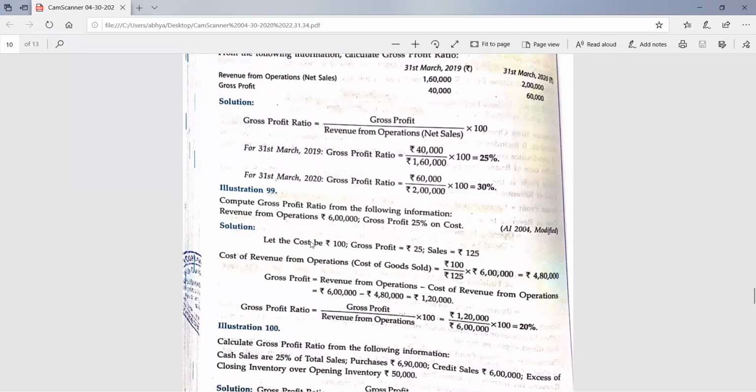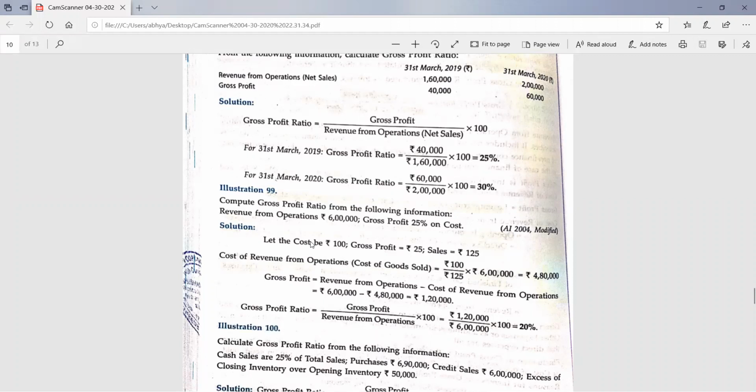Purchases are 6,90,000. Credit sales 6 lakh. Excess of closing inventory over opening inventory 50,000. Find out gross profit ratio.